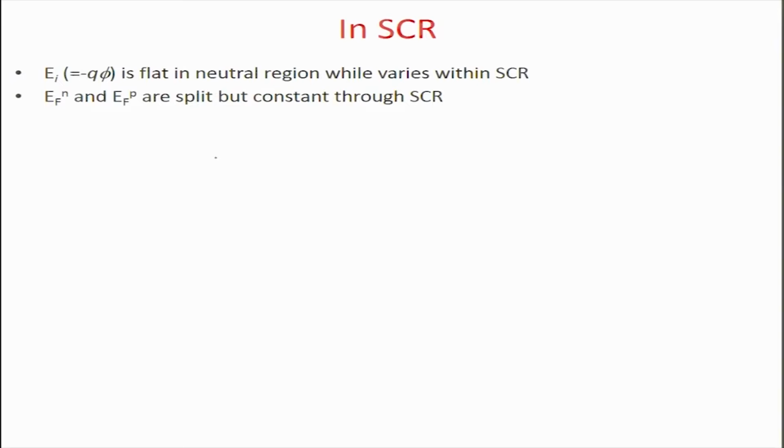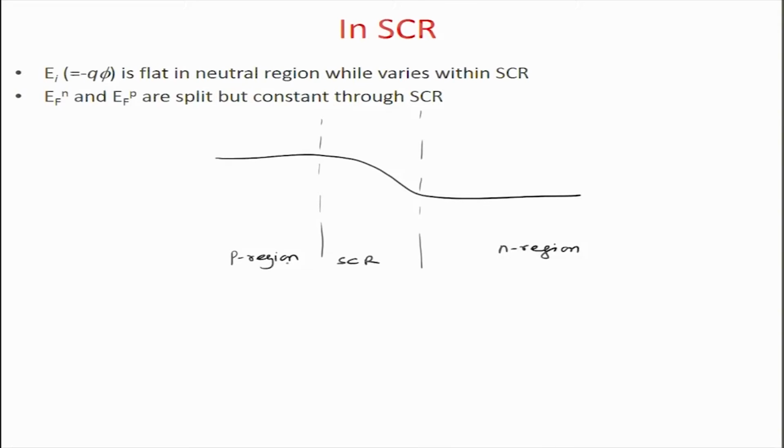Let us say this is the band diagram, this is the p region, this is the n region, and between them we have the SCR. Essentially this is the EI, the intrinsic Fermi level. The intrinsic Fermi level will always remain at the middle of the semiconductor.